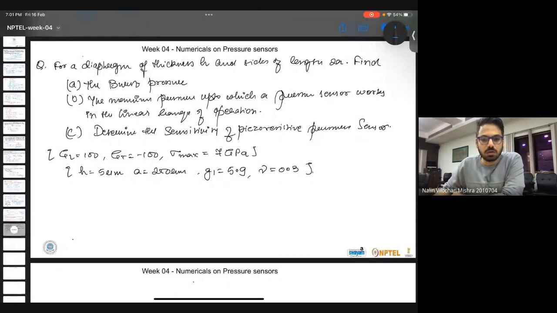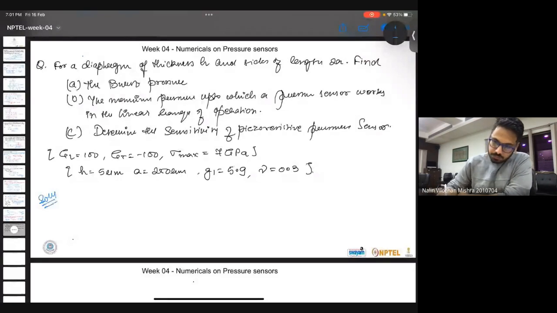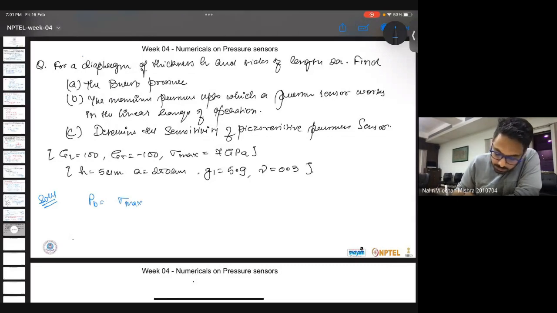Okay, so anyone solved it? Any part? Was the value of burst pressure? Okay, so burst pressure can be written as sigma max by A by H whole square.